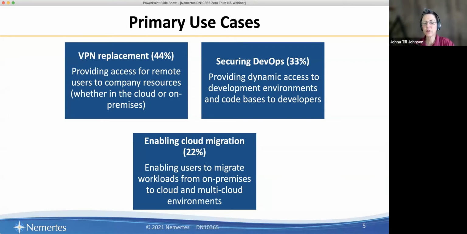So it's kind of interesting for us to see. We expected the VPN replacement to come out paramount. If you'd asked us, I think we probably would have said cloud migration would have been the second one, but it turned out to be securing DevOps.